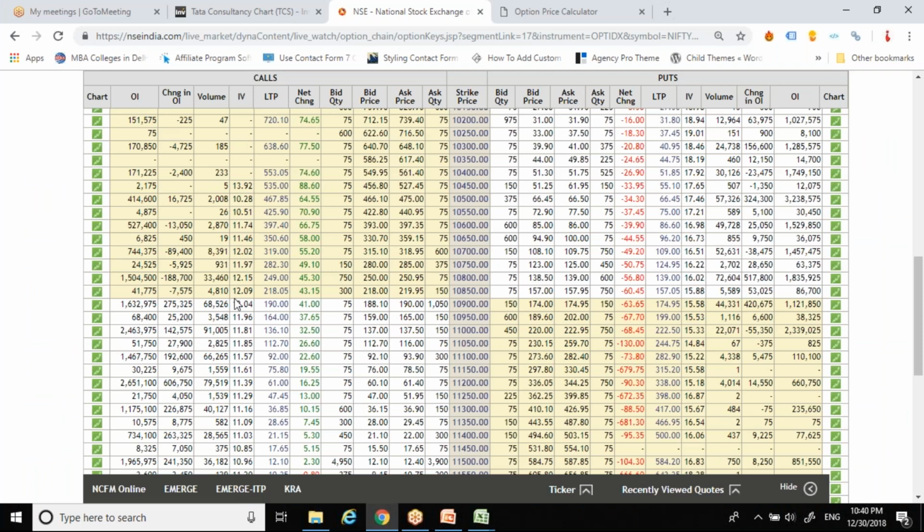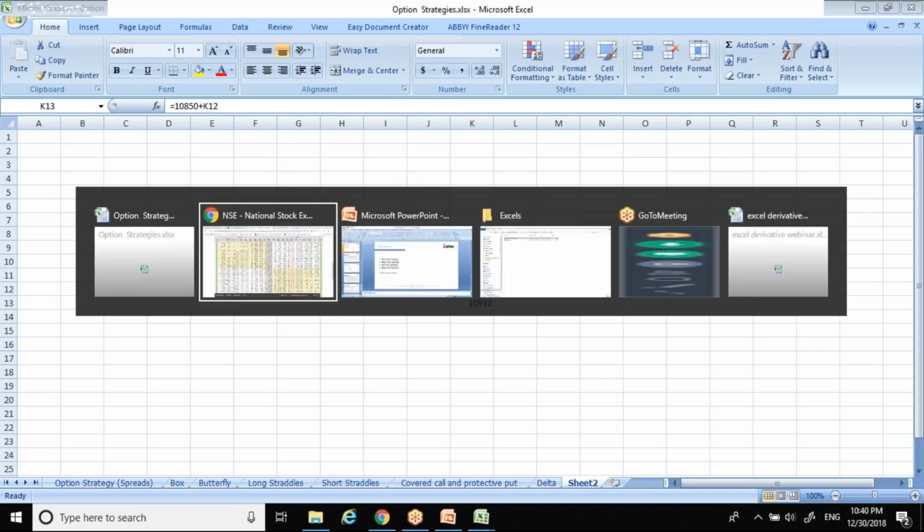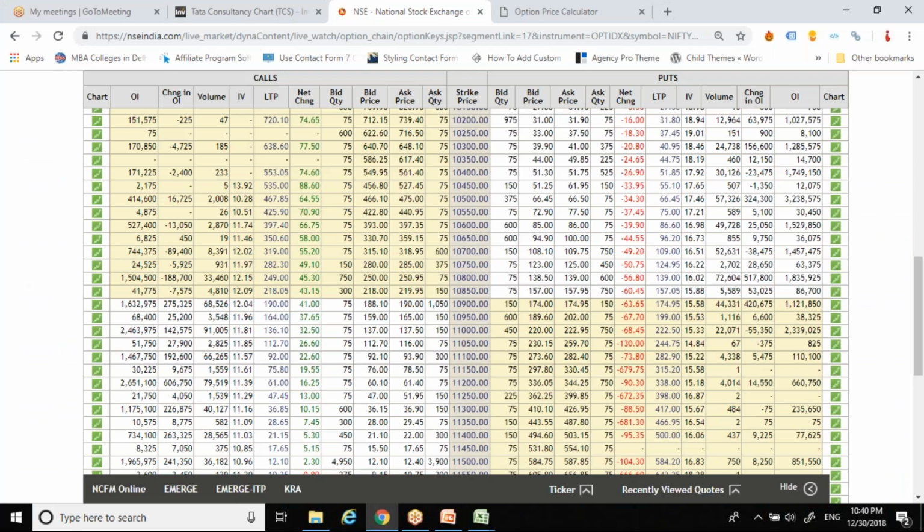So my break even will be very near. So 10,850 plus 82. I'll start receiving profit after 10,932. So that is one of the benefits I will make from buying a bull call spread.